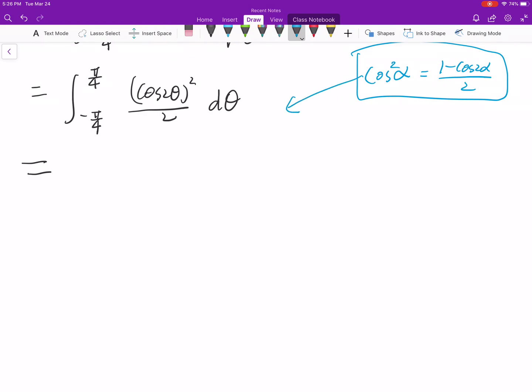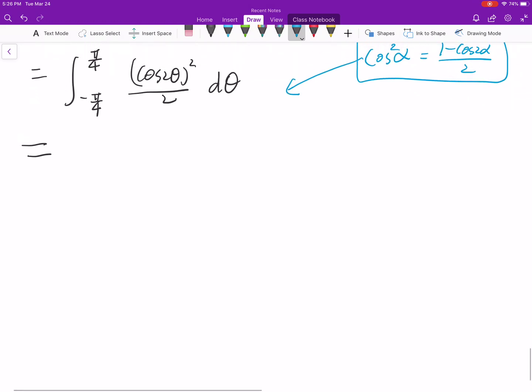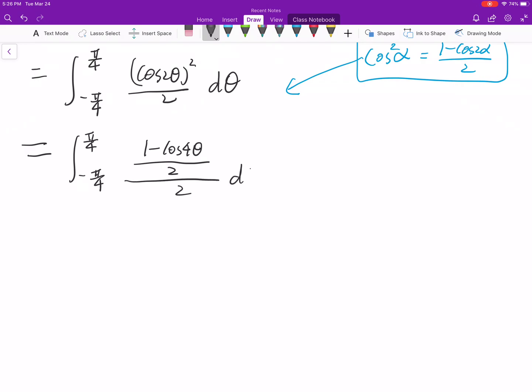So choose alpha to be 2 theta. We have the following. So this is 1 plus cosine 4 theta over 2, and then over 2 d theta.